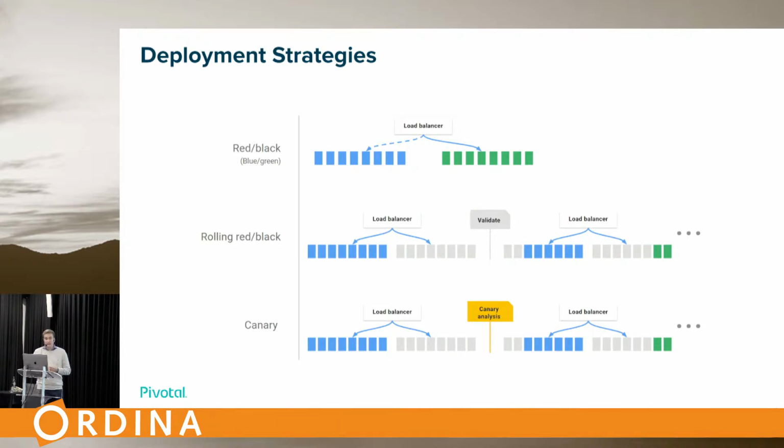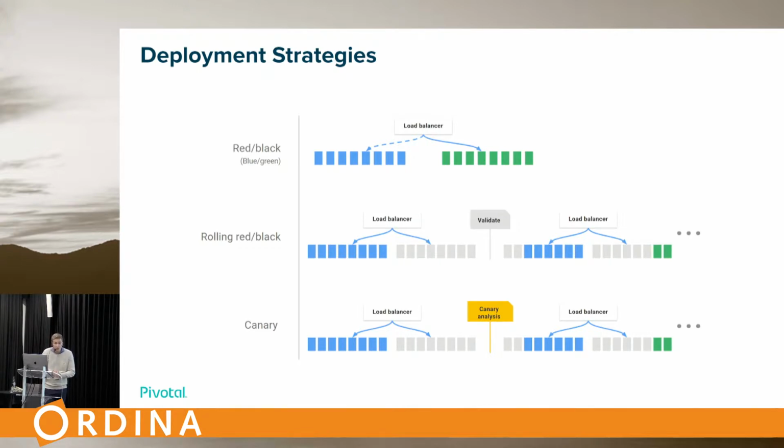The downside here is that, one, you're using a lot of resources because you spin up an entire cluster next to it. But also, when there is something wrong with your Canary or with your new version, then you have your entire user base impacted. Everybody who's actually accessing your application at that point in time will be impacted. How to solve that? You can do rolling blue-green.